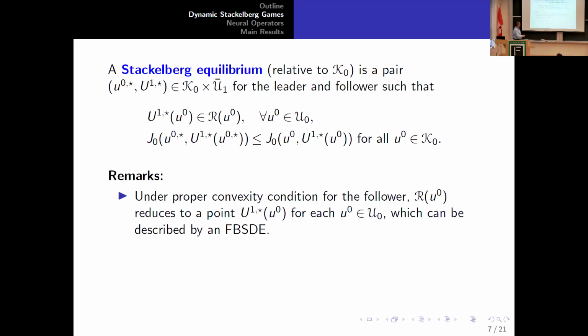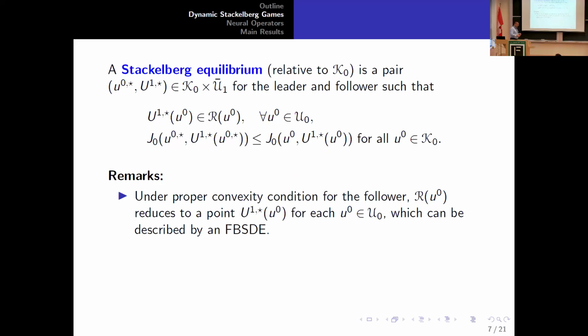The first one is about the existence of the best response strategy. A natural question is whether the set of response strategies is empty or not. Actually, under some proper convexity conditions for the follower, we can show it is non-empty.